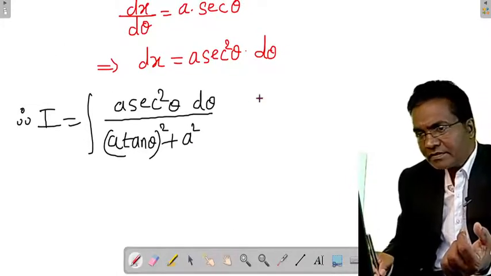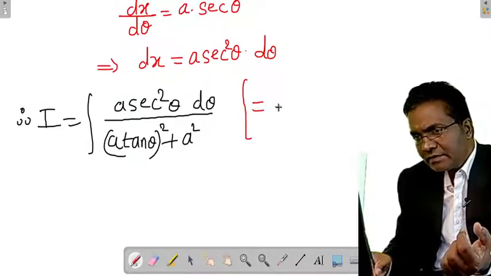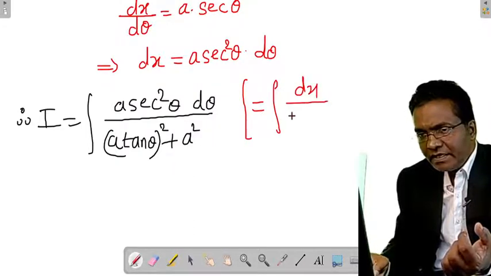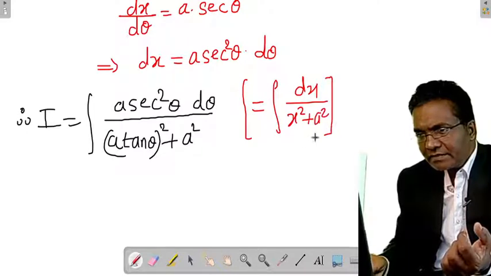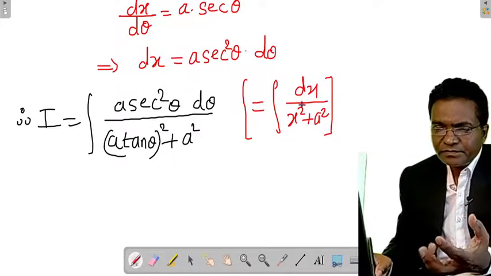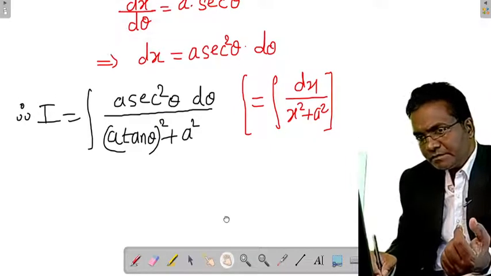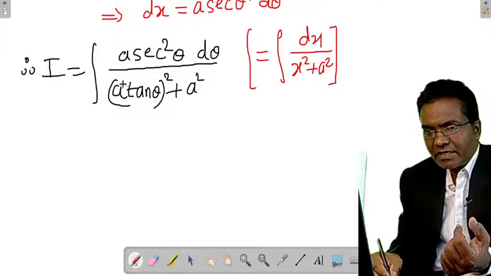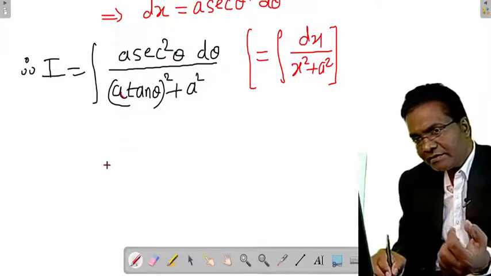Remember this, what we had there, it is dx by x square plus a square. This was the given. So dx means this much, x square means a tan theta whole square.